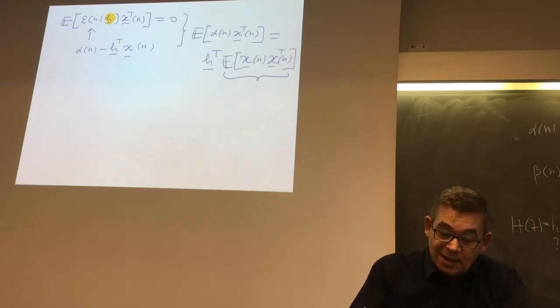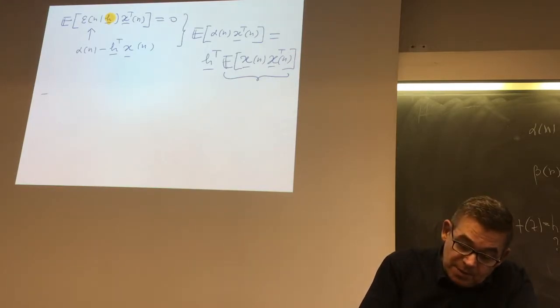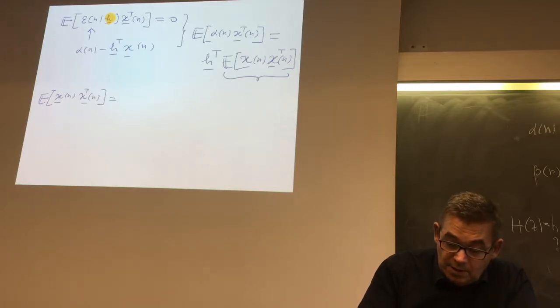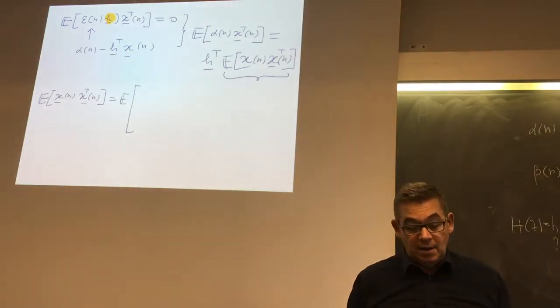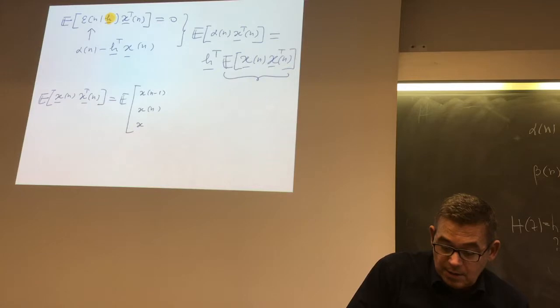So what is this? Now let's analyze piece by piece. What does it mean, expectation of xn xn transpose? Now what is xn? xn is xn minus 1, xn, xn plus 1.